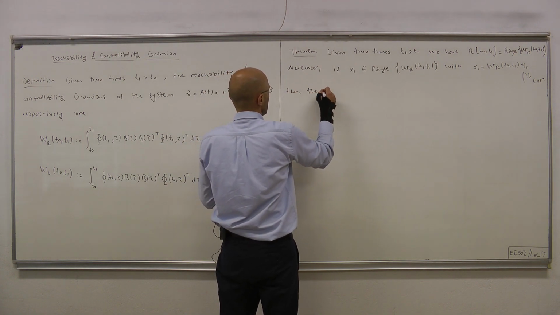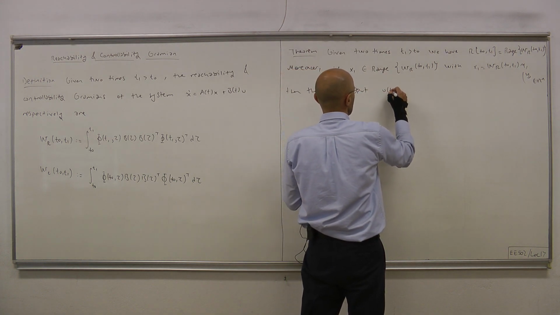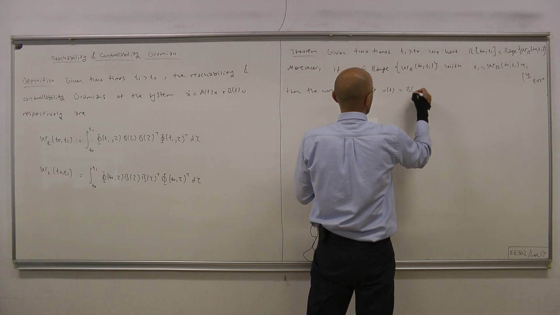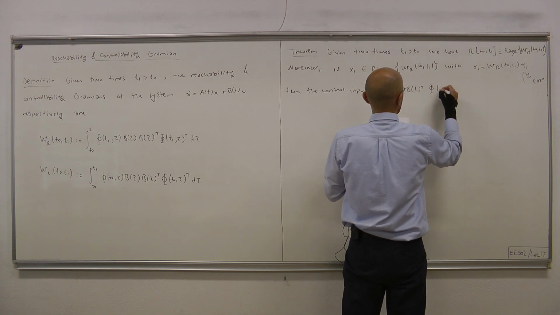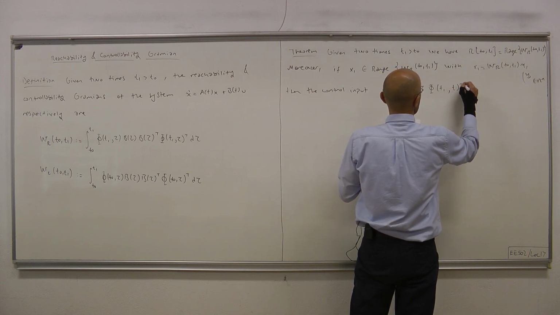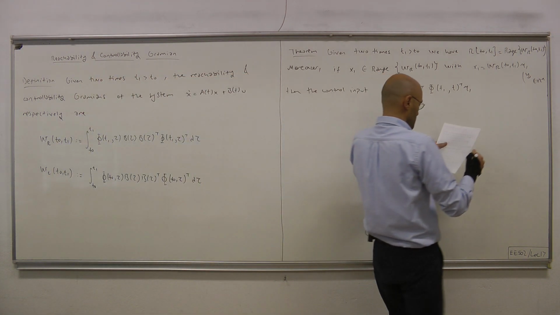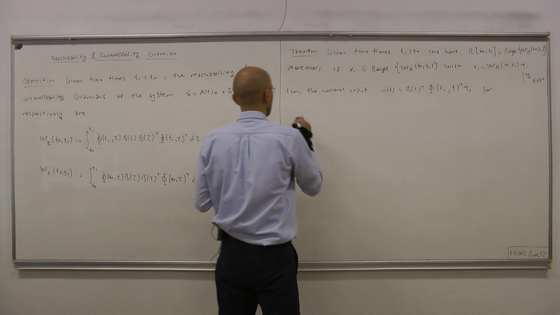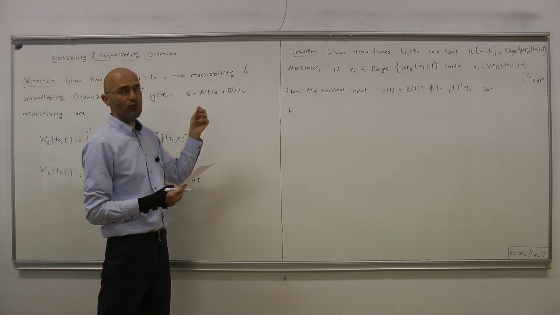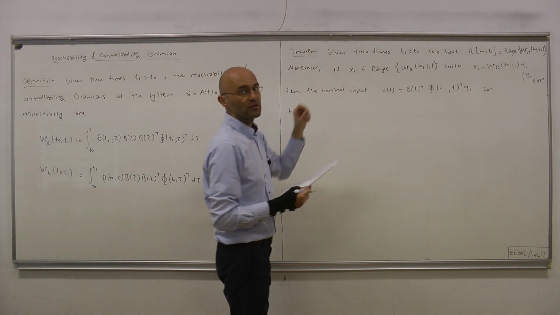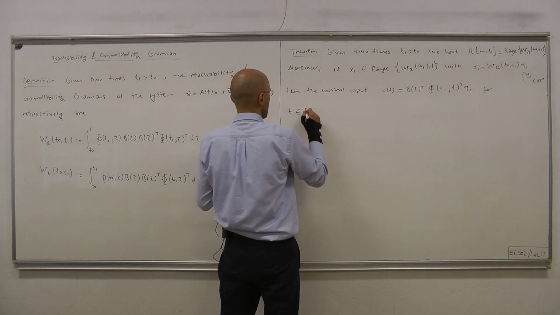Then the control input u(t) equals B(t) transpose phi(t1, t) transpose eta1 turns out to steer the state from the origin to x1 at the end of the interval t0, t1, for t in this interval.